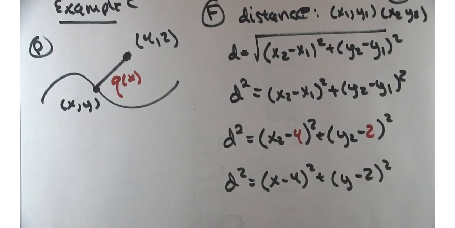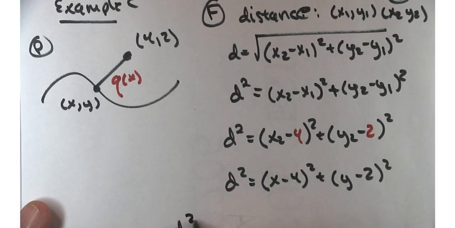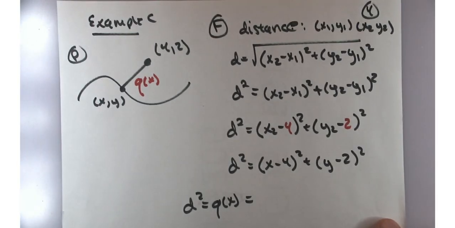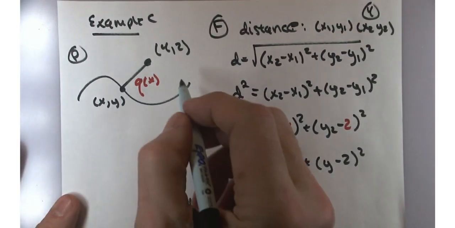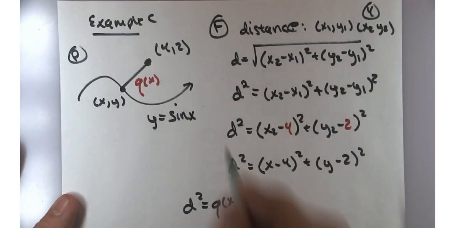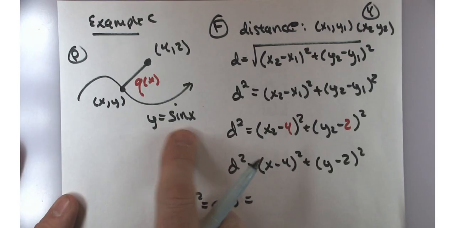What could I do to get down to just one variable? Well, here's where you have to look at your problem and think about what kind of substitutions you can make. This equation is really y equals sine of x. So y and sine of x are interchangeable.